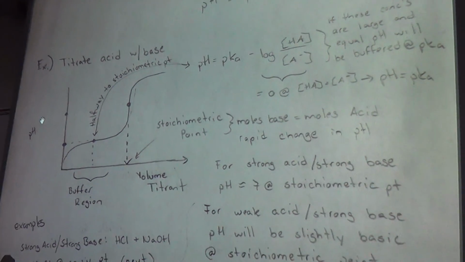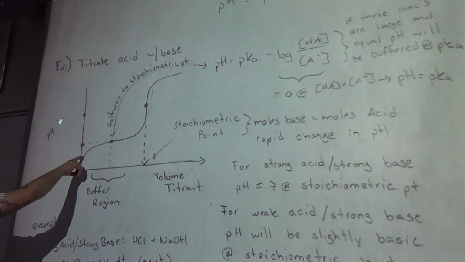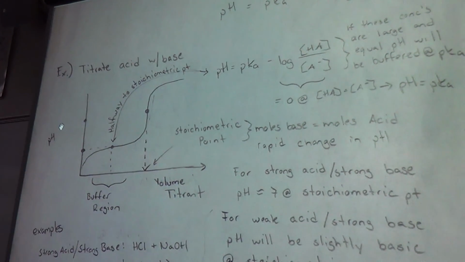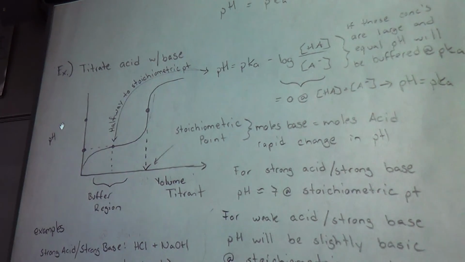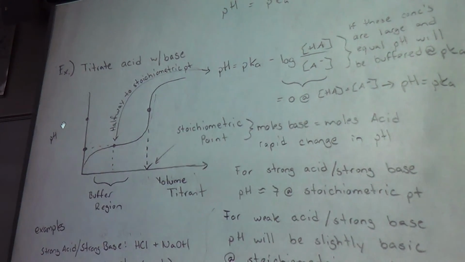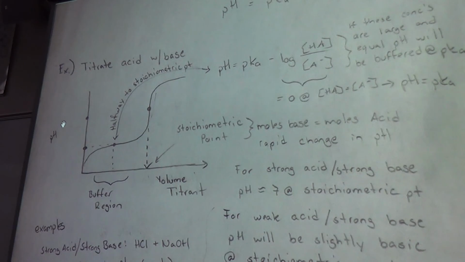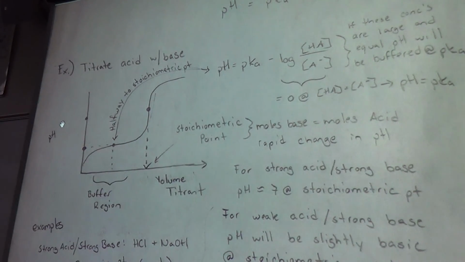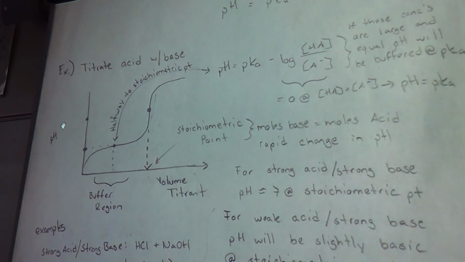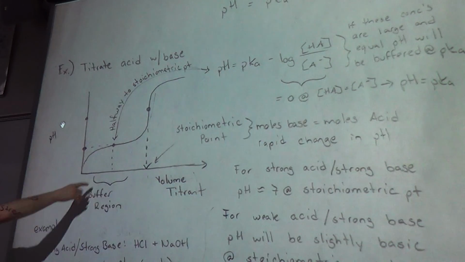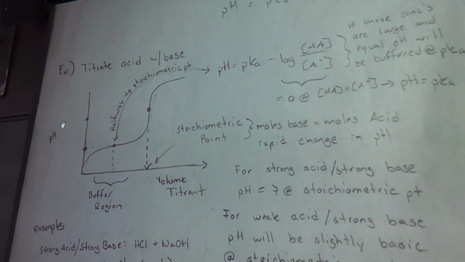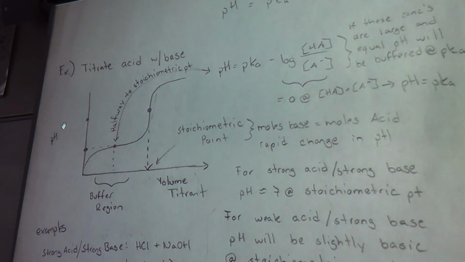We start off at some low pH, and we move through this point where the changes in pH slow down. There's not a very large change in the pH with a given amount of base added, and the center of that plane ends up being the buffer region, and the center of that is defined as the point where the ratios of the two concentrations are equal.